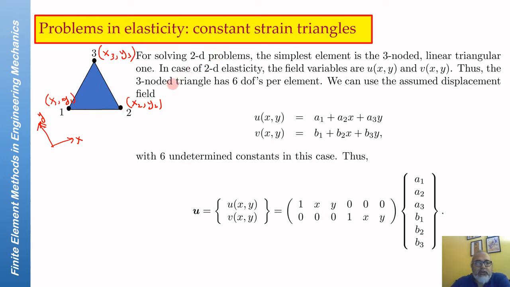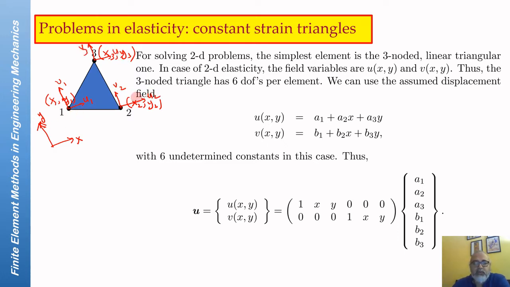Now, since this is a two-dimensional problem, for each node we are solving for the x displacement and the y displacement. So each node has x and y displacement, which we are going to denote by u1, v1, u2, v2, and u3, v3.